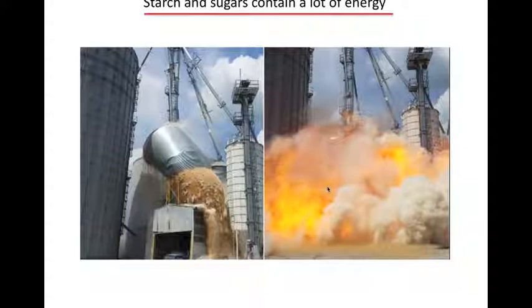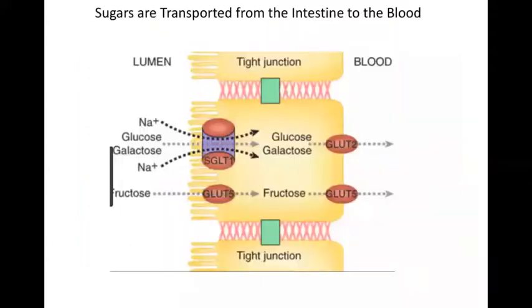Over the years, to this day, there's probably one or two big ones somewhere. They've gotten better and better in the safety features, but it's been an old problem. It just illustrates the fact that if you combine oxygen and sugars, you can release a lot of energy. And somehow we want to use that energy in our bodies. So how does that really work?